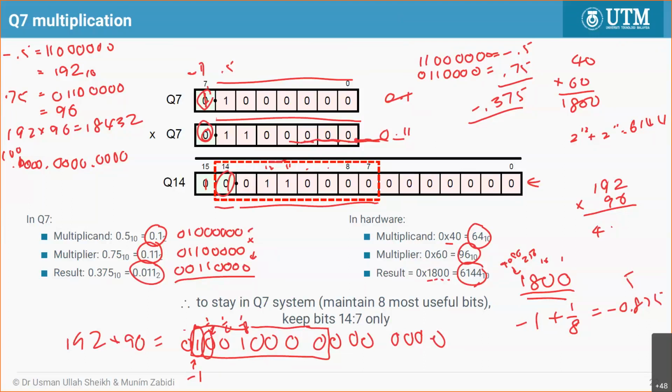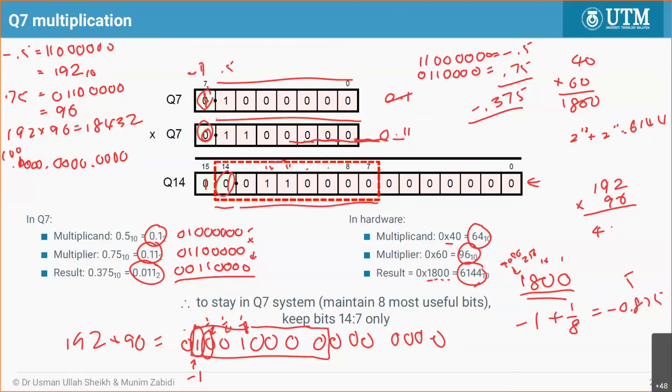You can try fractional in Verilog waveform. It will give you this format also: 1 sign bit and the rest fraction bits. Same behavior, not only ARM, Verilog also does the same thing. 1 sign bit, and the rest is the position of the binary. The binary point is always the same.